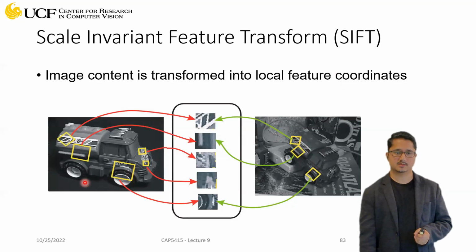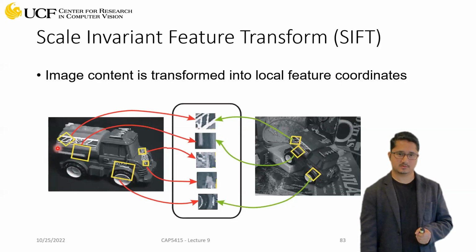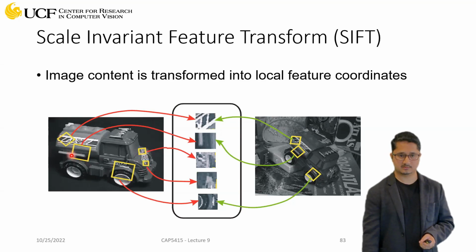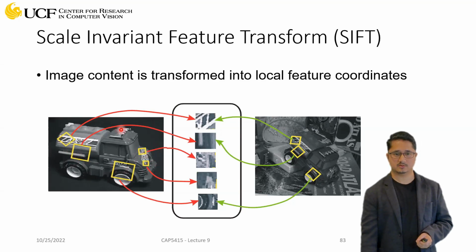The way it works is, you first try to find out the key points. This is just giving the idea at a conceptual level. So these orange blocks over here will be the key points. In this left image, the algorithm will detect these many key points.